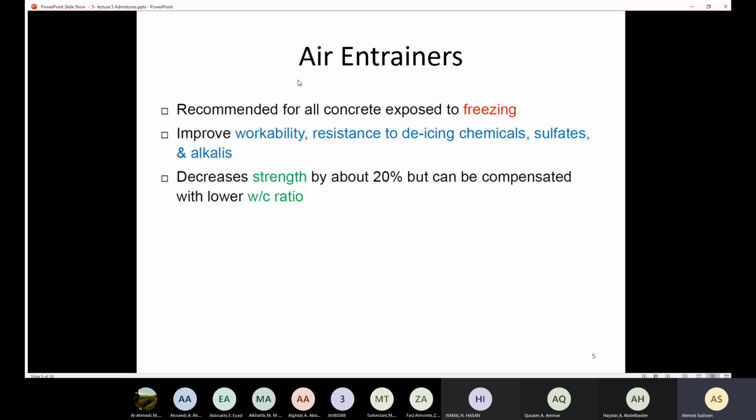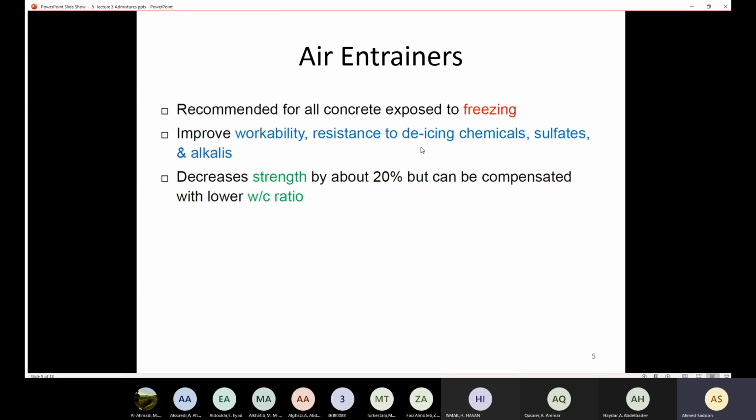The air entrainers will not only help us to provide a relief system in case of freezing, but also is going to improve the workability. The workability is how easy you can deal with the concrete. And also is going to improve the resistance to de-icing chemicals.